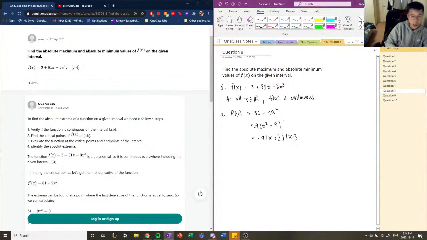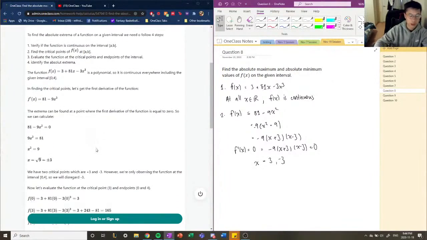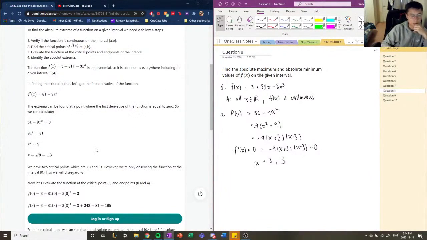Now we set f prime of x equal to 0 and find our zeros. Our zeros here are x equals 3 and negative 3. So we have found our critical points: there's a 0 slope at x equals 3 and x equals negative 3.